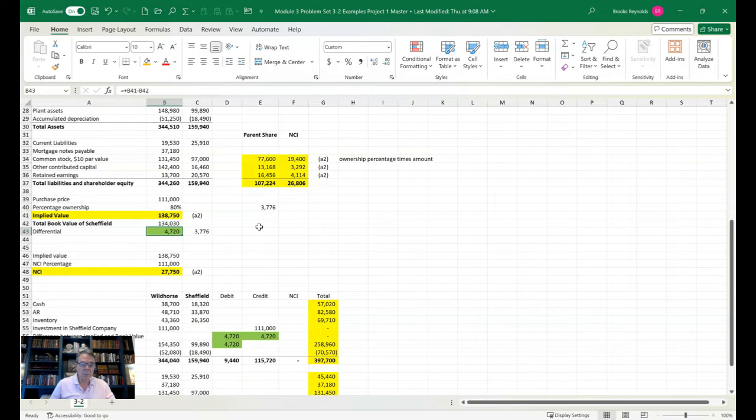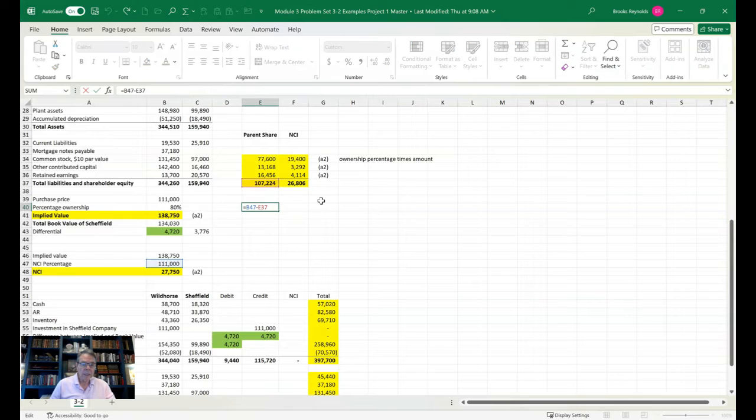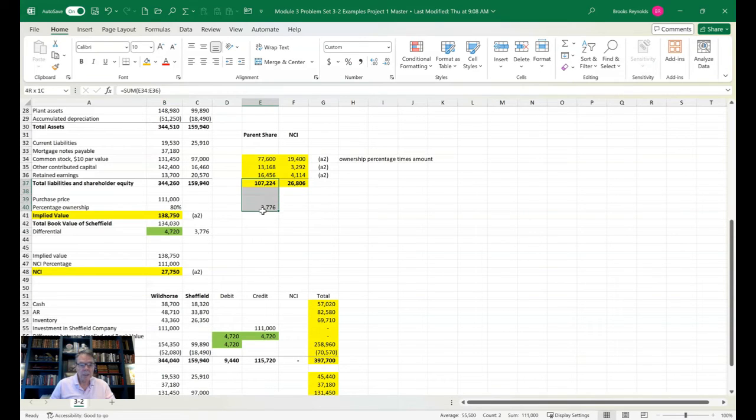Now the differential for the NCI, of course, is going to be 20% of that, and differential for the parent share is going to be 80% of that. So total, this is going to be, again, $111,000.